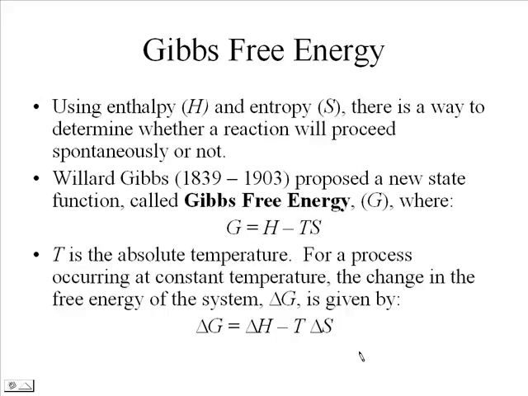We know that T is temperature and must be measured in Kelvin. This equation is given on the AP chemistry exam sheet. So the change in the free energy is equal to the change in the enthalpy minus the temperature times the change in the entropy. That equation right there is the meat of this chapter.